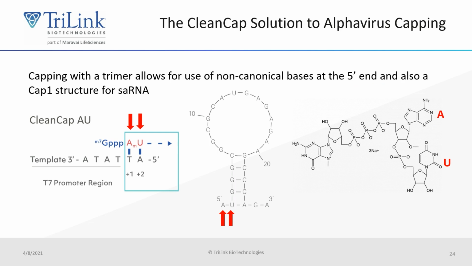So TriLink's solution to this is CleanCap AU, which was engineered to be compatible with self-amplifying RNA in their natural state with an AU start sequence shown here. Note the red arrows highlighting the sequence, and then the CleanCap AU structure in its entirety shown on the right.